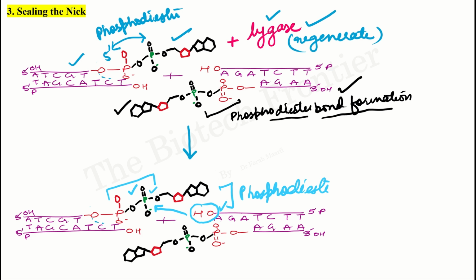Simultaneously, the AMP molecule is released from the DNA, regenerating the original DNA structure. Finally, you will get the double-stranded DNA.